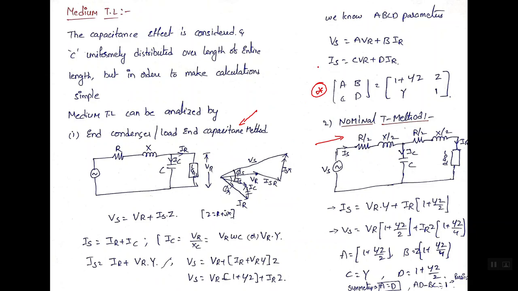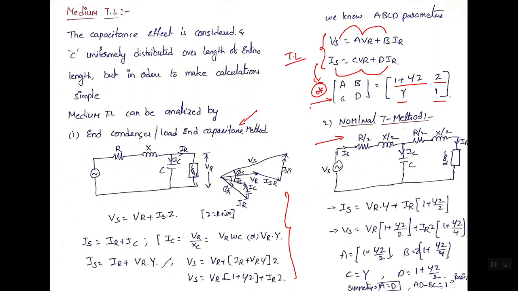We model transmission lines using ABCD parameters: VS is equal to A VR plus B IR, IS is equal to C VR plus D IR. If you do the derivation, we will get A equal to 1 plus YZ, and so on.